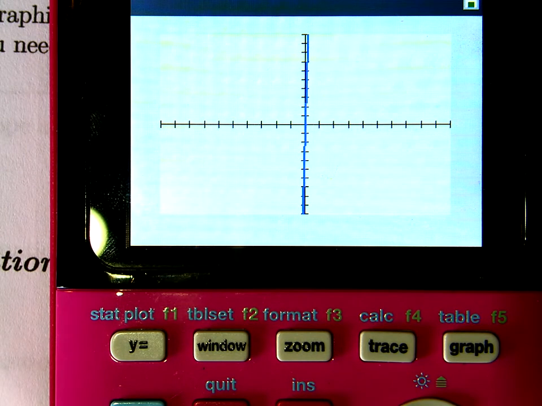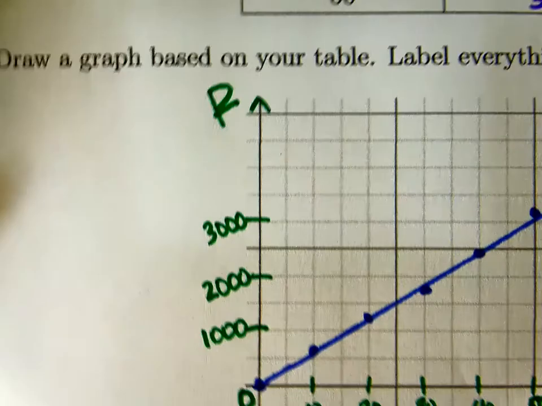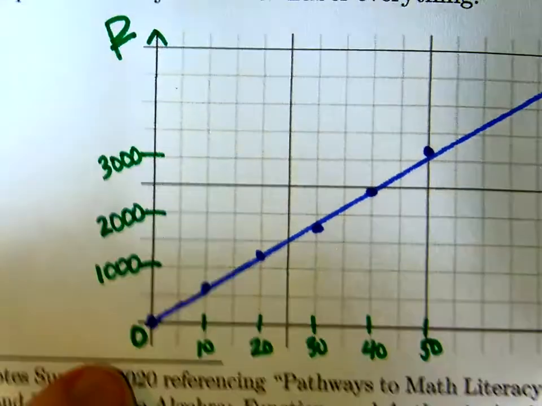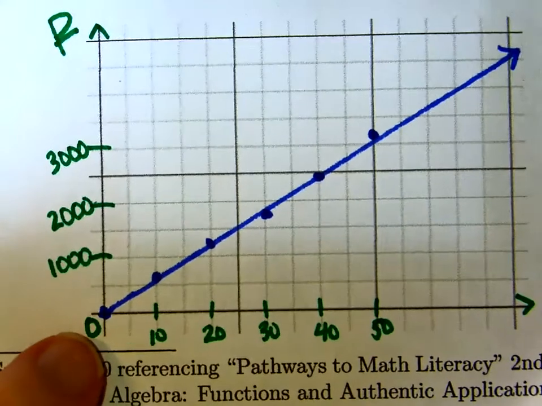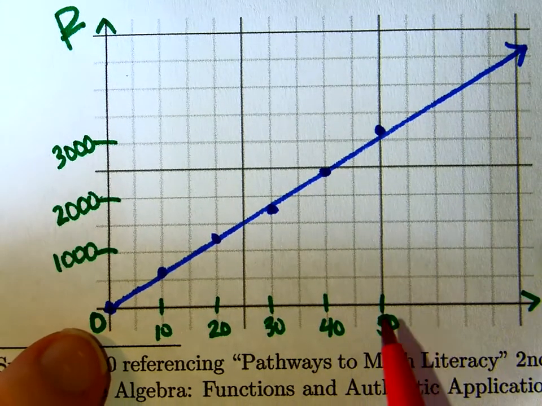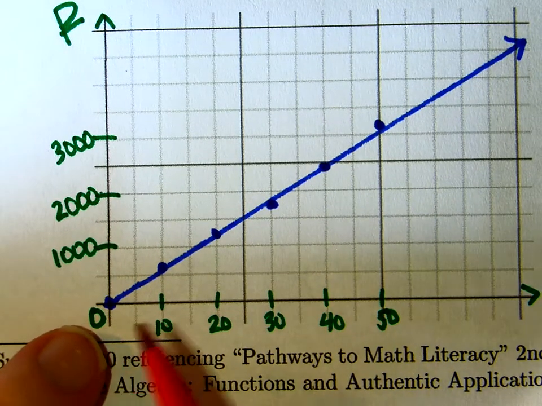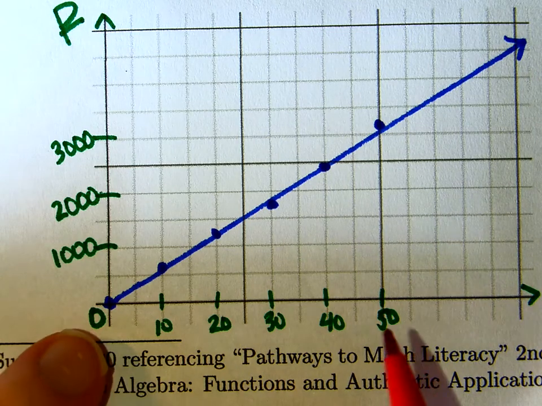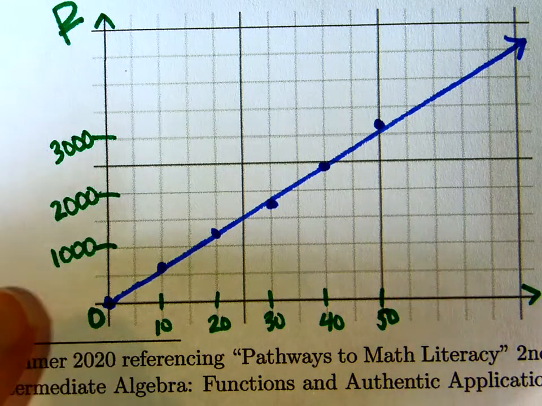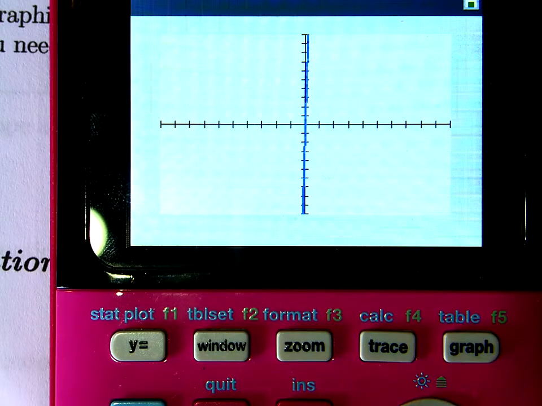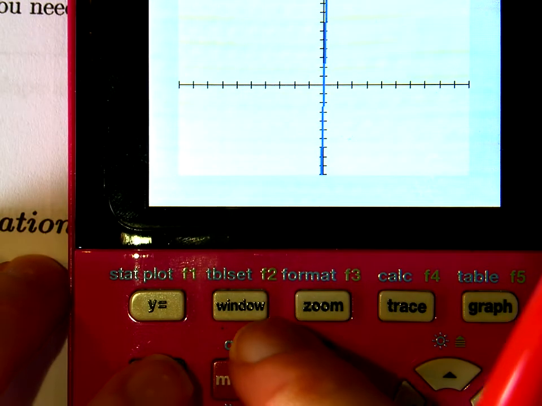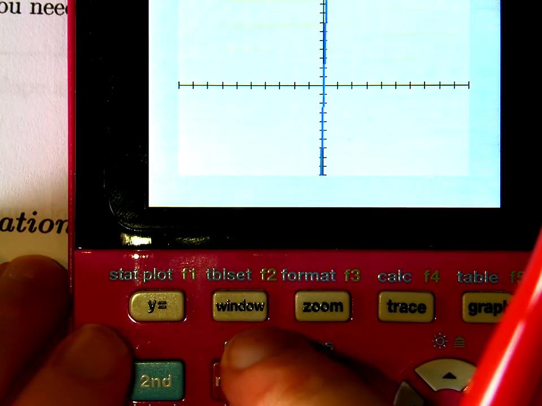So the first thing I'm going to look at is this. Our x values went from 0 up to, what is this, 60, 70, 75. From 0 to 75, or from 0 to 50 if we just want this snippet. So here we go. Second, oh no, you know what? No second, just window.